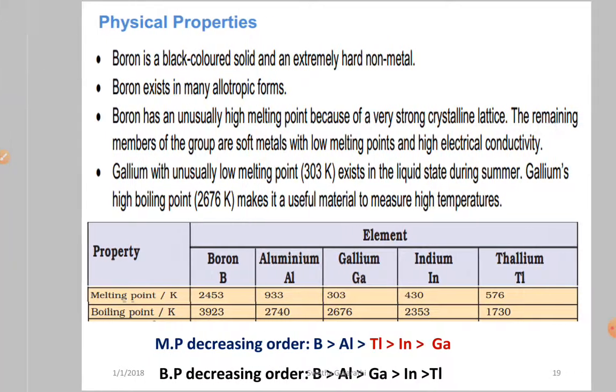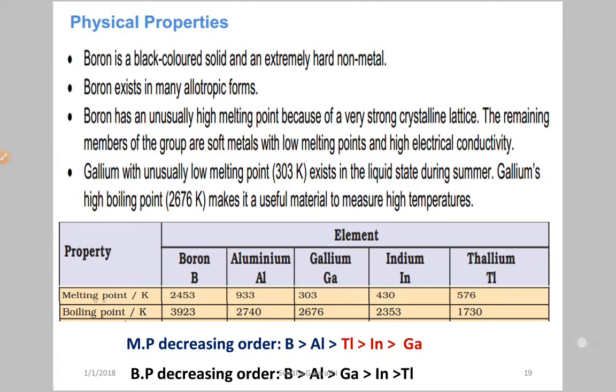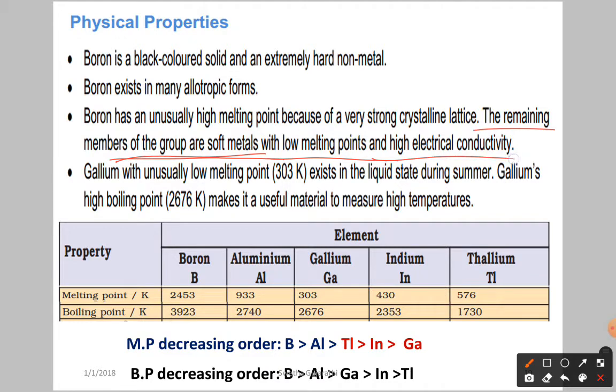The remaining members of the group are soft metals with low melting point and high electrical conductivity. Gallium, with an unusually low melting point, exists in the liquid state during summer.